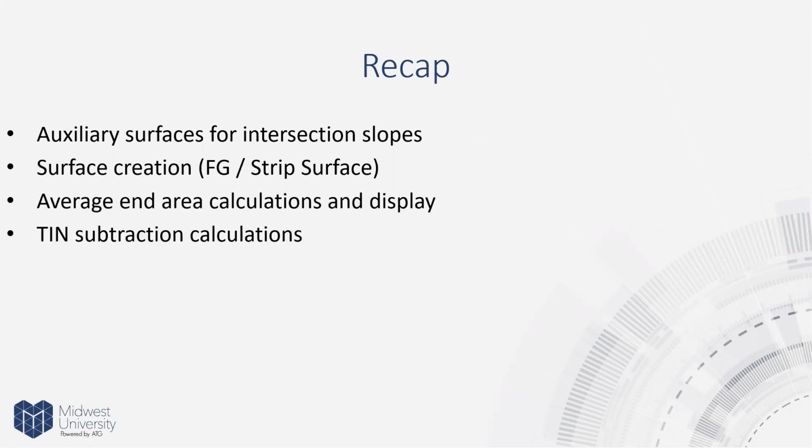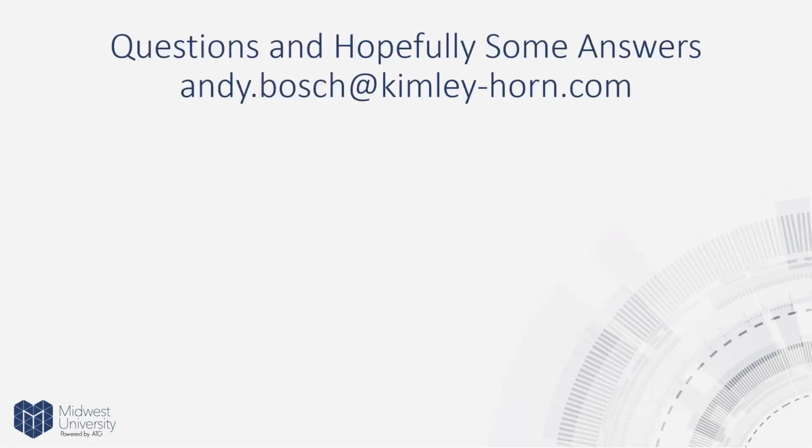We went through some tin subtraction calculations, again, doing those two to compare against each other to make sure that your numbers are all making sense, that you have your sample lines going out far enough and that you're accounting for all the different scenarios that might be happening on your given project. And then just a couple of quick thoughts on setup and things to look for as you're moving through. So with that, if you have any questions, go ahead and post them.